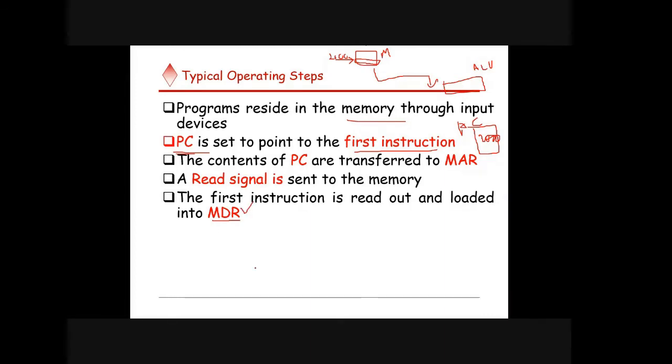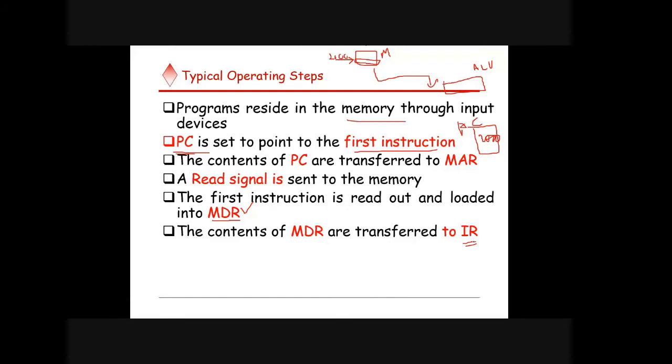Now I should transfer that instruction into the IR register also, because the currently executing instruction is present in the instruction register. I think this is the first set of flows. So at least the instruction we have read from the memory is now available inside the processor.